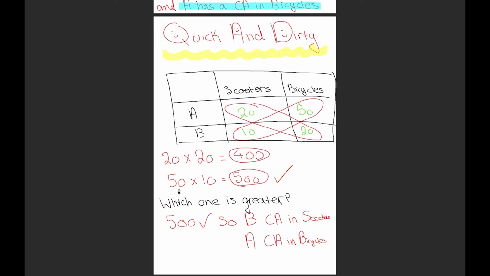So since 50 and 10 were the comparative advantages, that means B, comparative advantage scooter, A, comparative advantage bicycle. Let's go back to the table. B, comparative advantage scooter, A, comparative advantage bicycle.